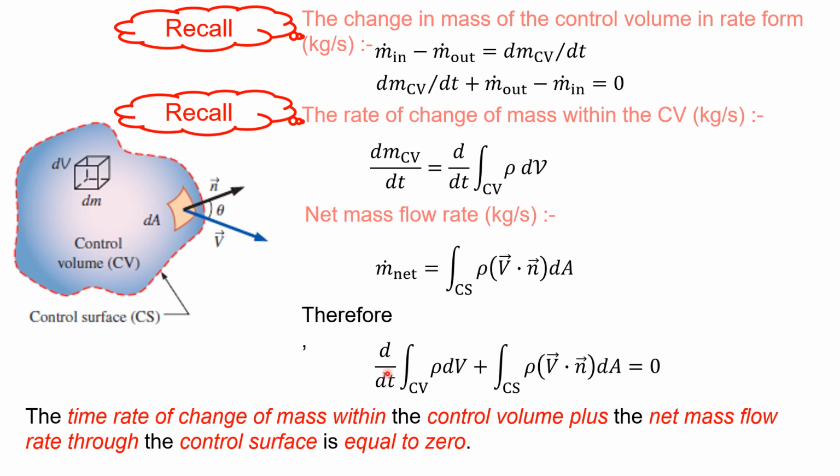Now we are looking at how we develop the continuity equation and also Bernoulli's equation. These are some of the steps of the derivation. The time rate of change of mass within the control volume plus the net mass flow rate through the control volume equals 0. This is for this part.